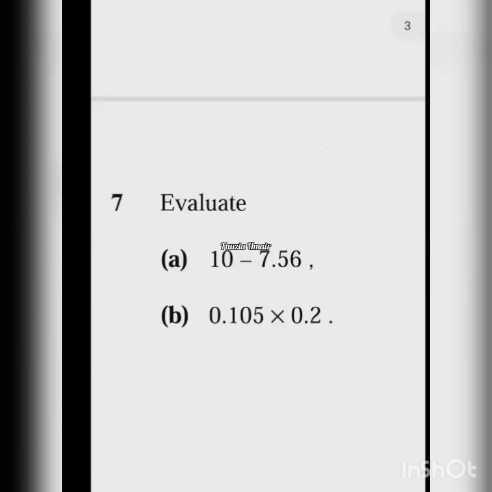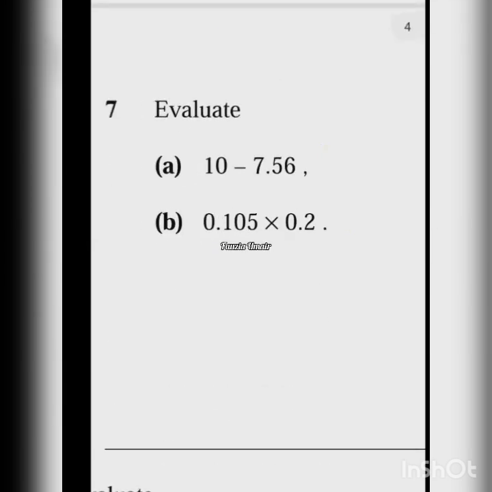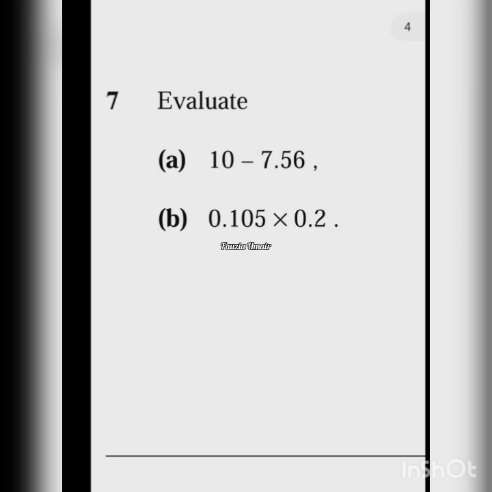So next question. They are checking the small concepts from each topic. Evaluate. 10 minus 7.56. How should I subtract? 2.44.